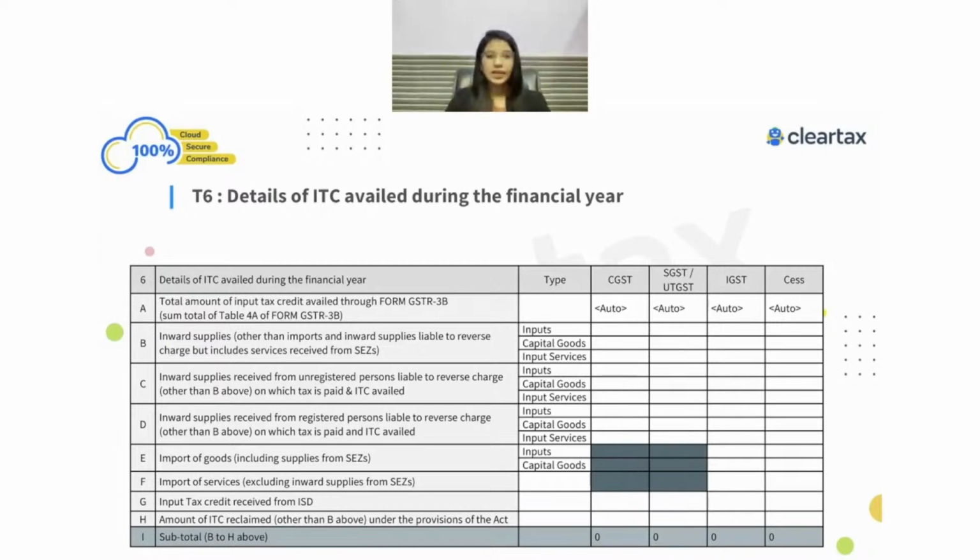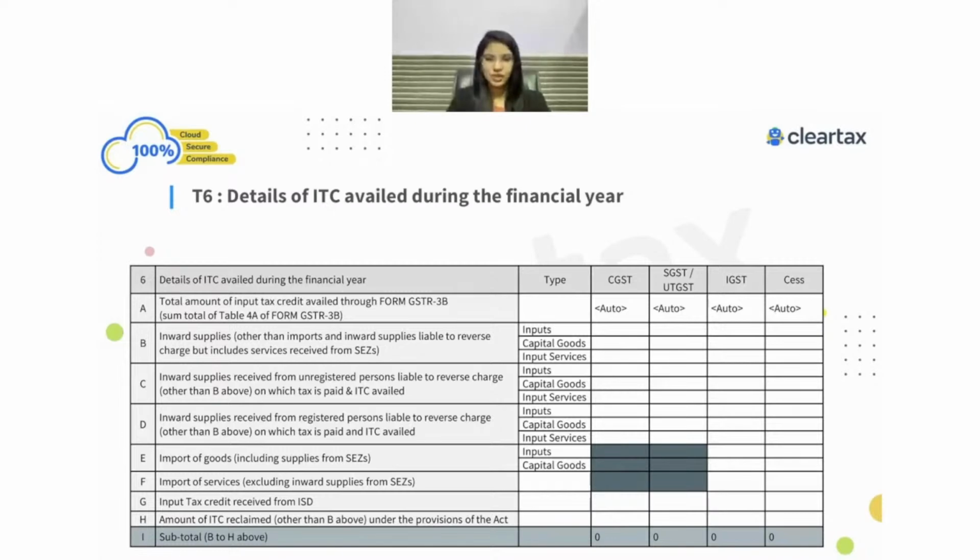My question to all of you: whether that 150 rupees which I have reversed, because I have not made the payment to the vendor within 180 days, will be coming in my 6A.